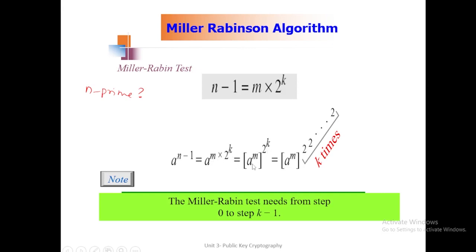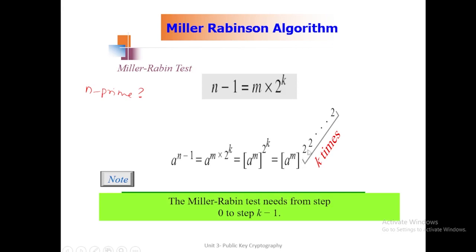So a power m should be squared k times. So 2 power k is written like this, k times squaring. So we may apply the Miller-Rabin concept for a to the power m.